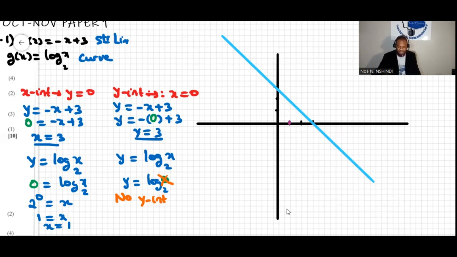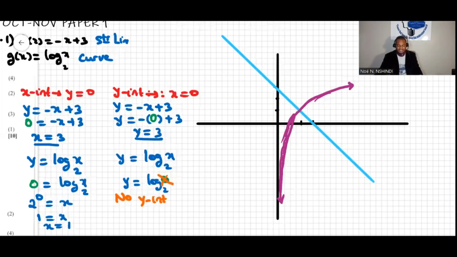So my graph may look something like this. It's a curve, and it goes down endlessly like this. I'm trying to be accurate, I hope you pardon me, or at least closer to accurate. Anyway, we don't need to draw something perfect here.